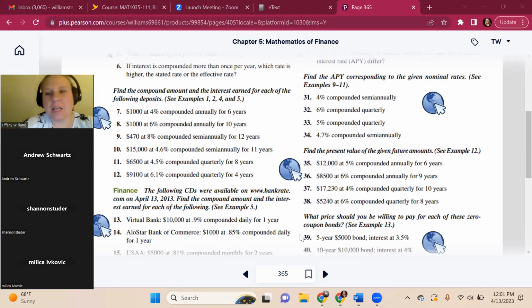To do this, your book is going to write this R sub E, the effective rate, but it's the same thing as saying the APY. That's going to be 1 plus your rate, which is 6%, so 0.06, divided by, what does quarterly mean?